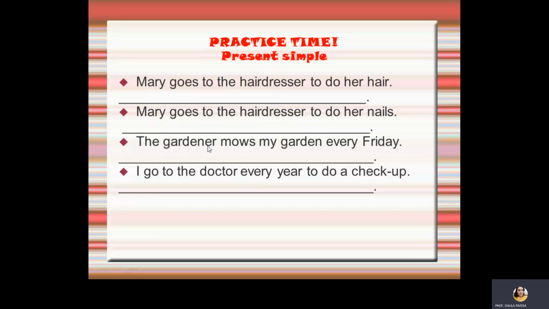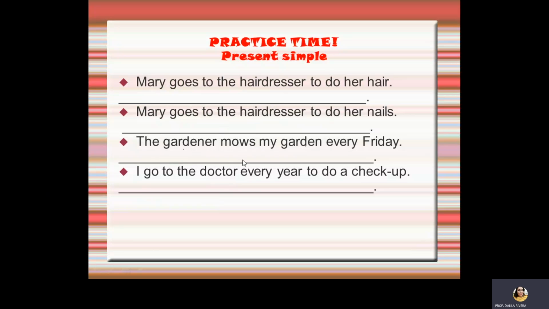This other sentence, the gardener mows my garden every Friday. The gardener. My garden. Okay? So I can say, I have something. What's that something? My garden.